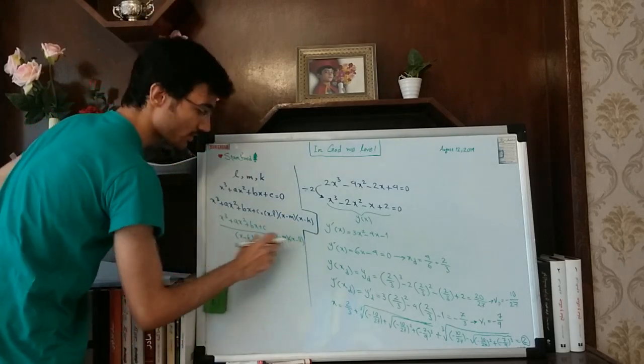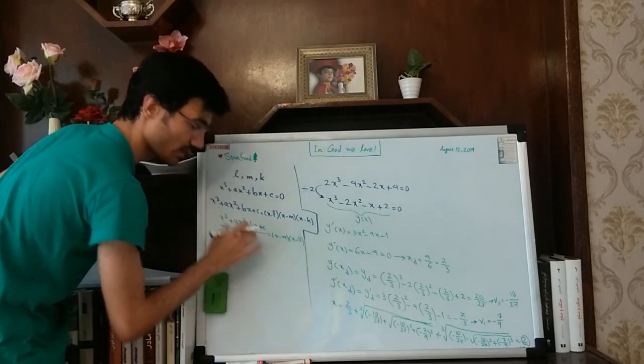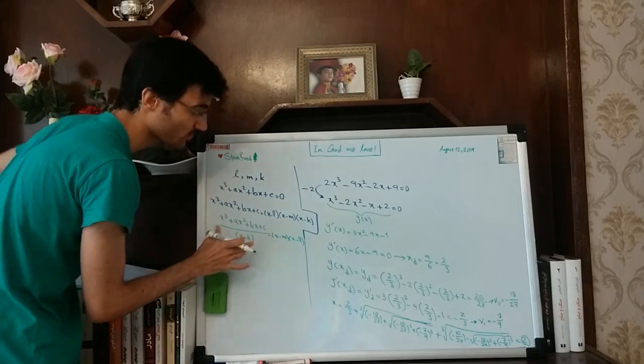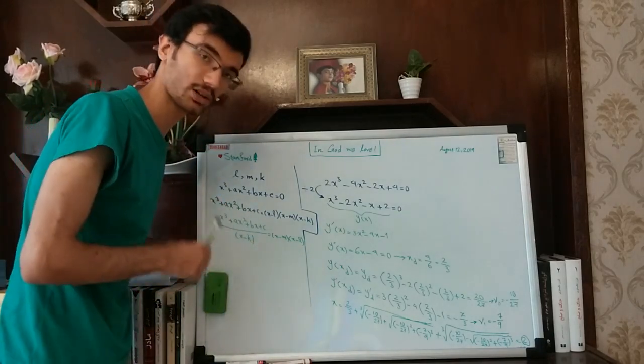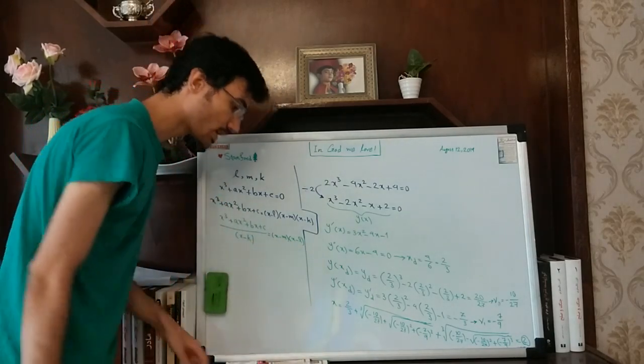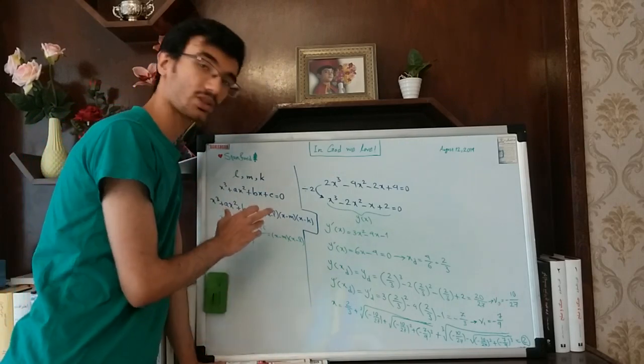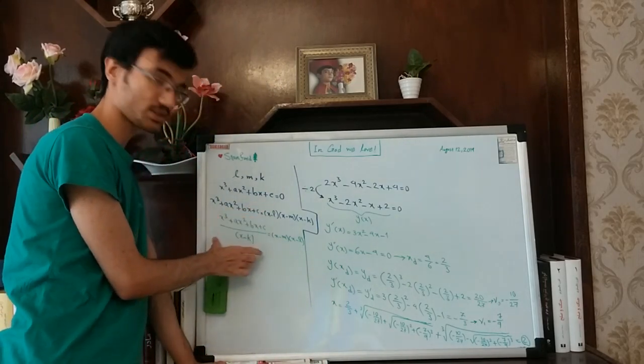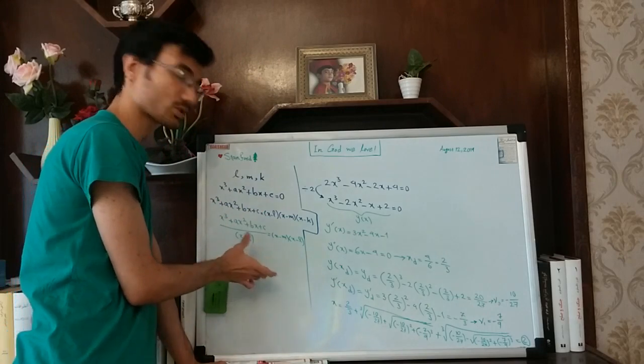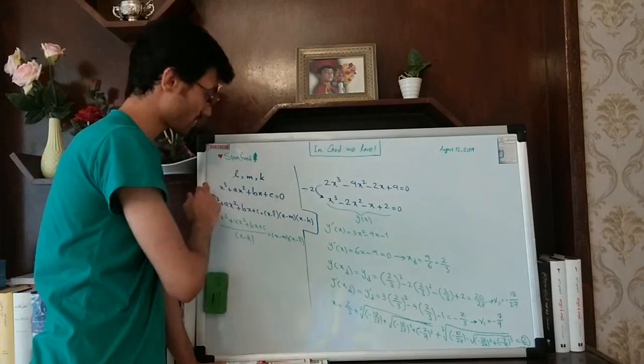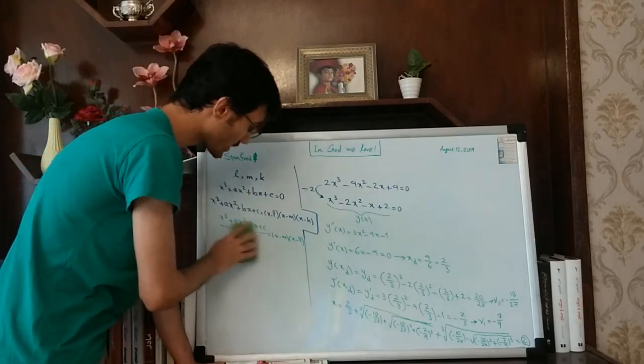By solving this equation, the answer of this division, we will find the other roots. Simply, the roots of this expression are the other roots of this cubic equation. Let me show you.